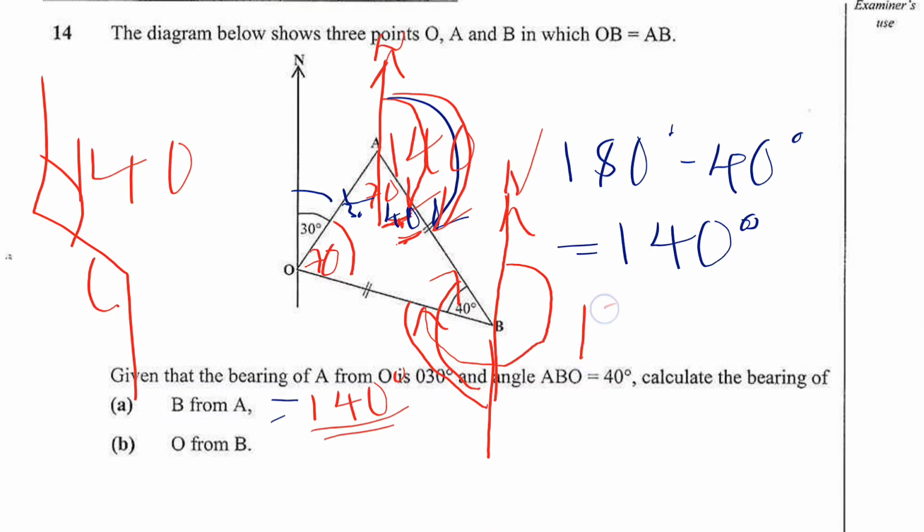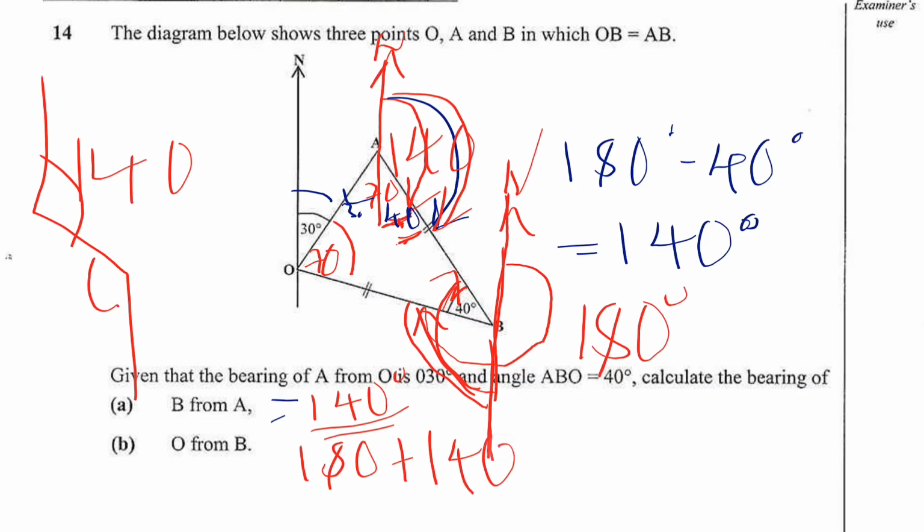So we have 180, which is a straight line here, plus 100, because up to here is 140. So plus 100, so it will be 180 plus 140 minus 40, which will be 180 plus 100, and the answer will be just 280 degrees.